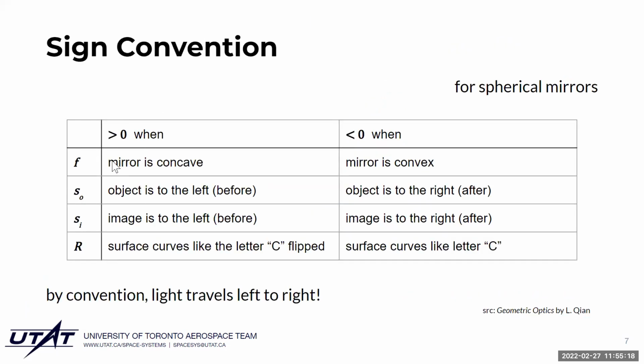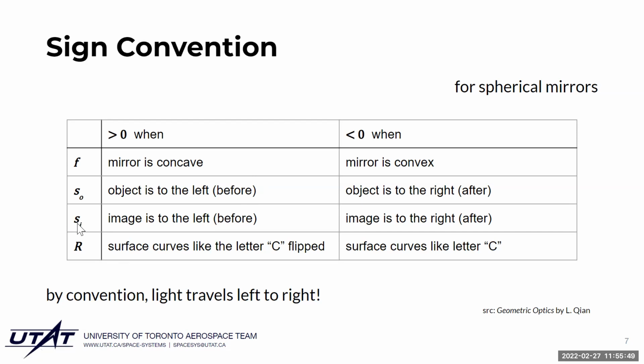Right. So a concave mirror has a positive focal length instead. Remember how for lenses, convex was positive? I'll explain in a second. Your object distance is positive when your object is to the left, before the mirror. Oh, my bad, this should say after, because after the mirror is like a bounce. I'll correct that in a second.